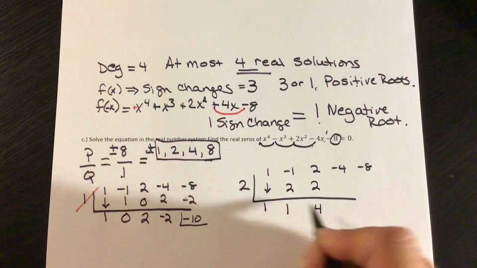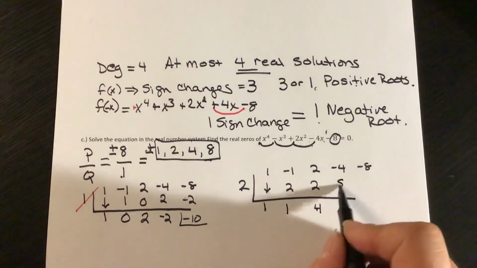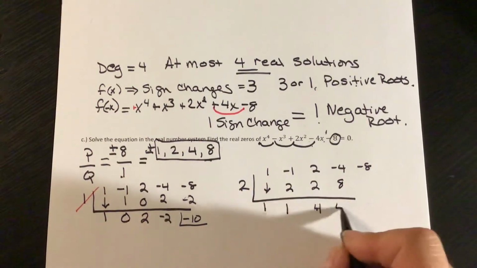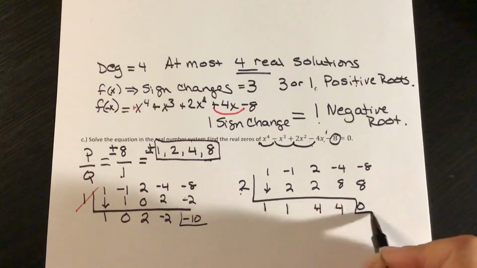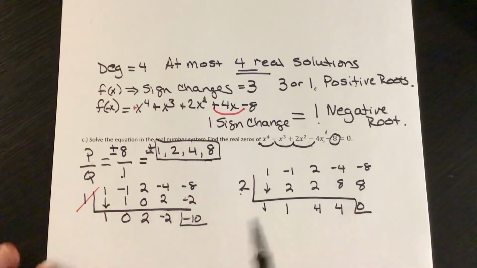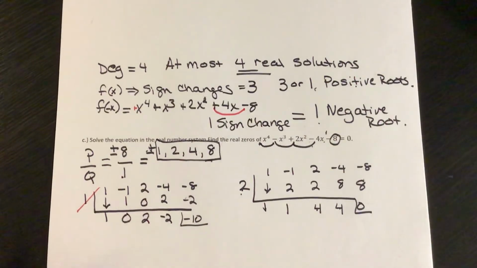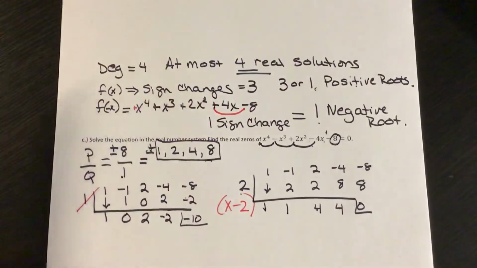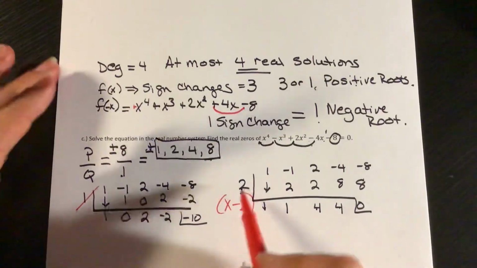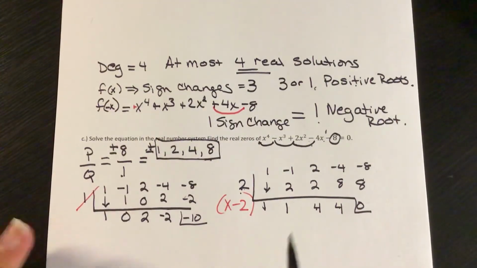Add, I get 4. 2 times 4 is 8. Add, I get 4. And 2 times 4 is 8. Add, I get 0. So this tells me that x minus 2 is a factor and 2 is a 0.